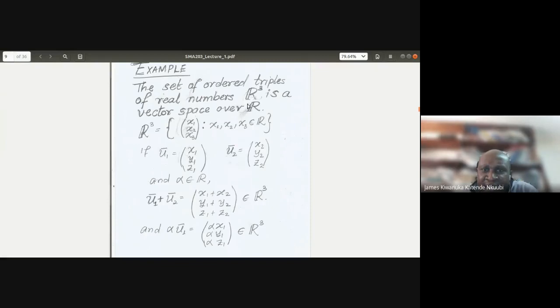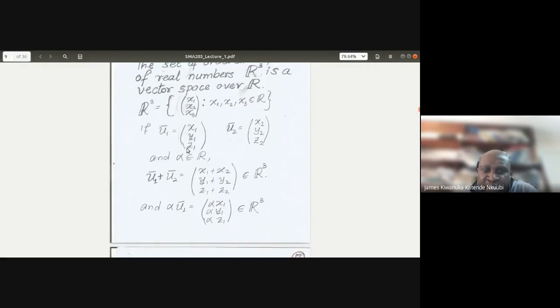So we make the claim that this set is a vector space over R. We shall not prove it, but all we shall do in this case is define the addition of vectors in R3 and the scalar multiplication in R3 as well. So addition of vectors is just the usual. You add the corresponding components in each vector.